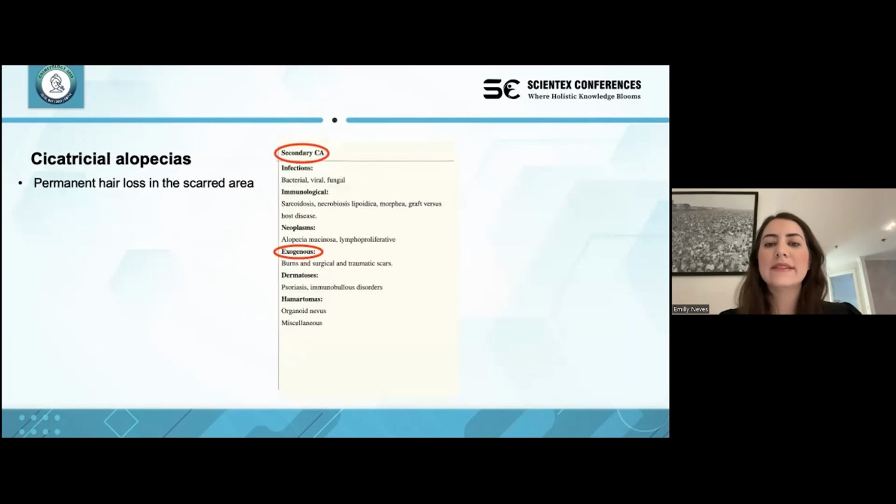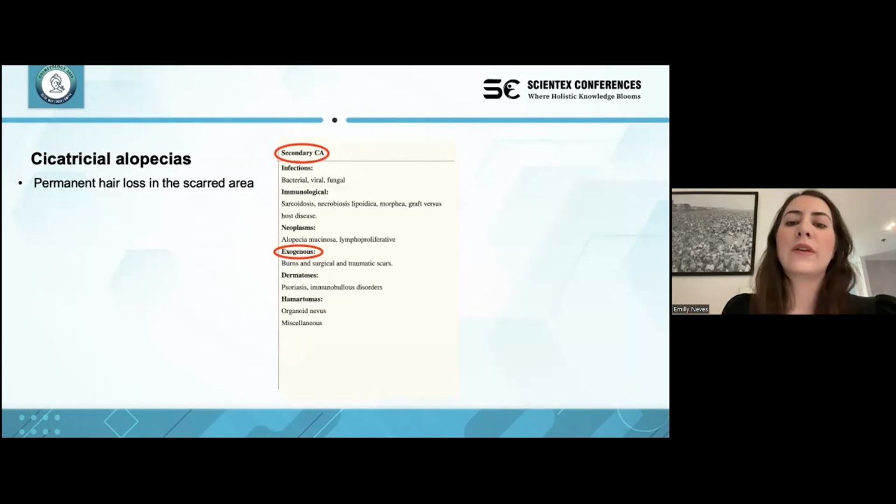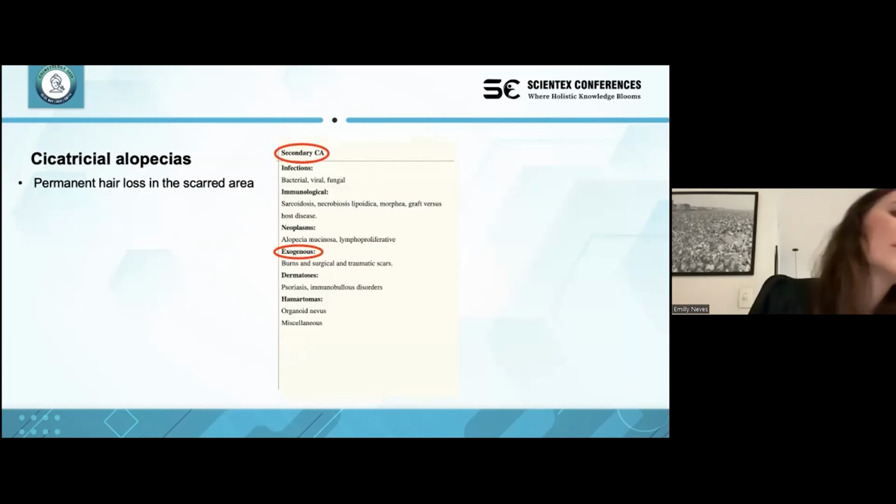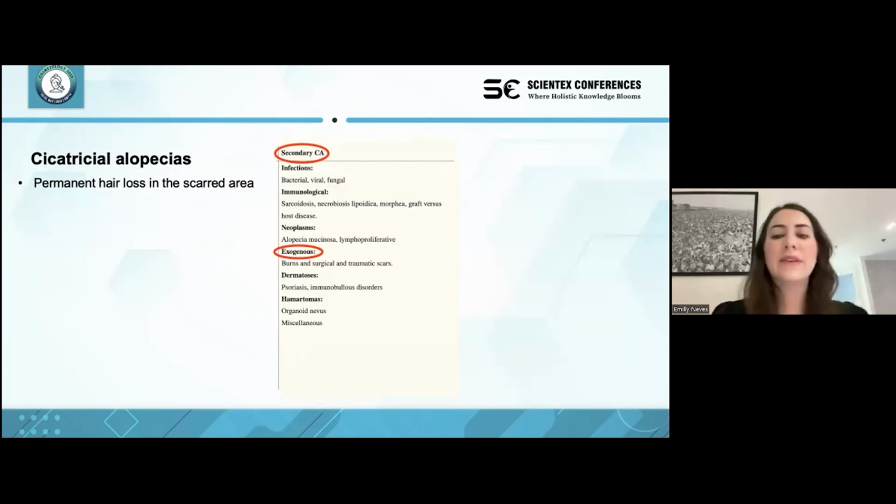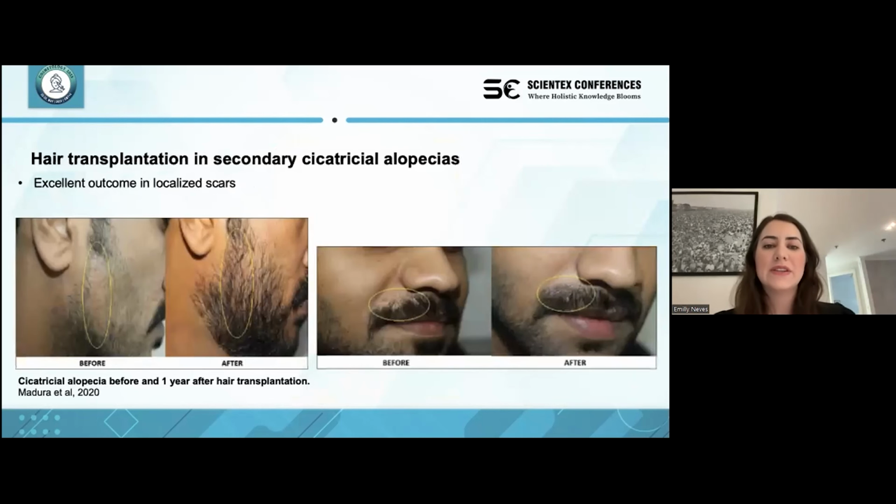Regarding secondary cicatricial alopecias, we know that burns and surgical and traumatic scars are the most common causes. When the patient has localized scars, we know that we can provide an excellent outcome with hair transplantation, such as illustrated here in the beard of these patients 1 year after hair transplantation.